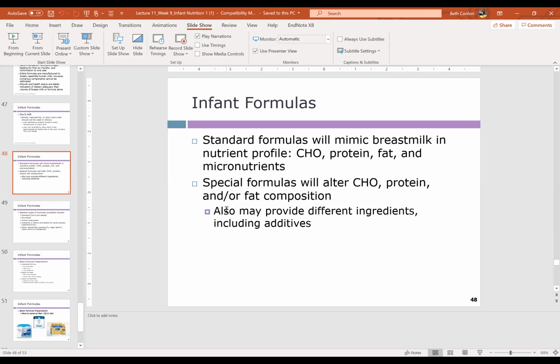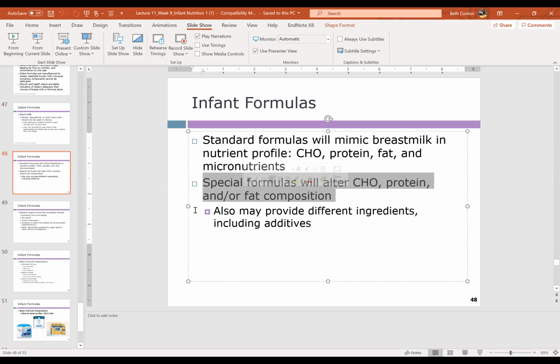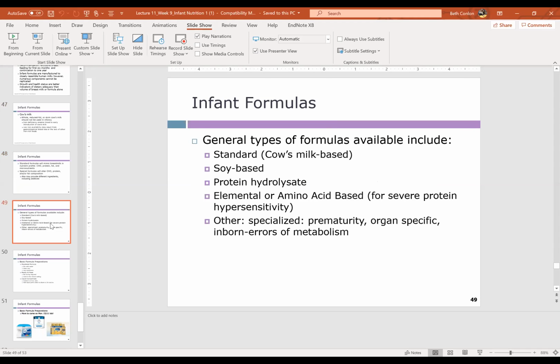There are special infant formulas available that will alter carbohydrate, protein, or fat composition. Babies with different medical conditions might need different formulas. The general types of formulas are cow's milk-based formulas, soy-based, protein hydrolysates, elemental or amino acid based.